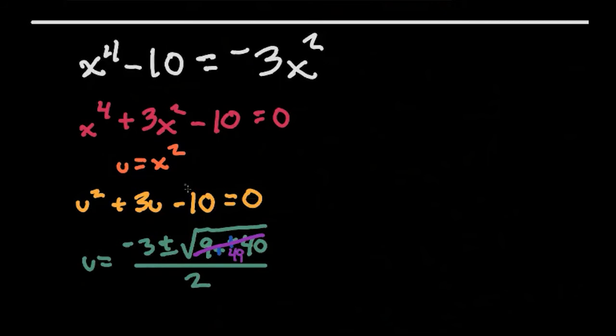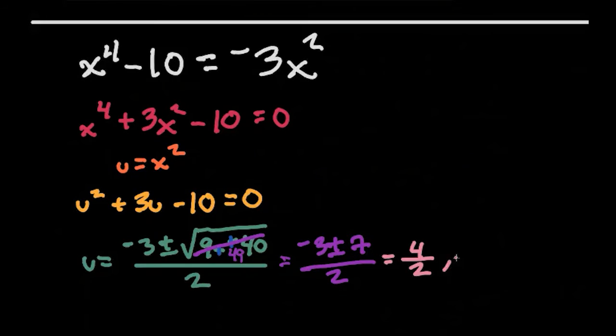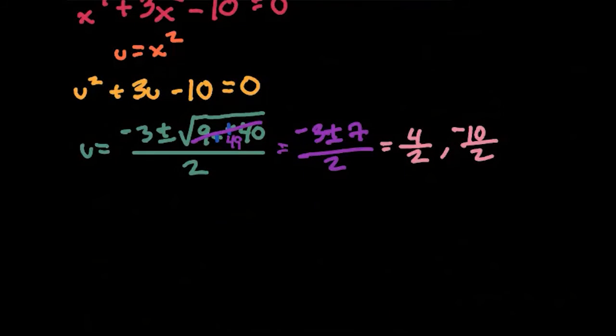So we're going to do the square root of 49. So you end up with negative 3 plus or minus the square root of 49, which is 7, over 2. So this ends up being equal to 4 over 2 and negative 10 over 2. So your two answers for u are going to be u equals 2 and u equals -5.